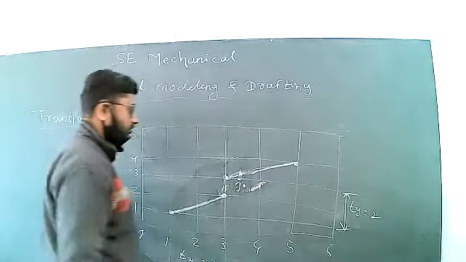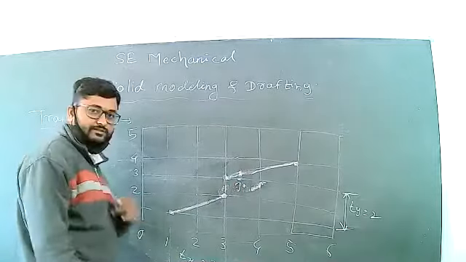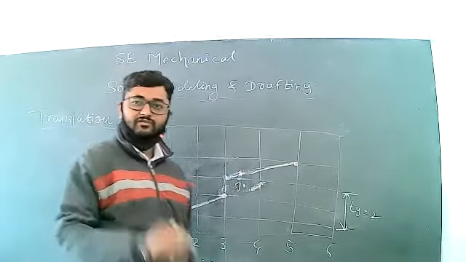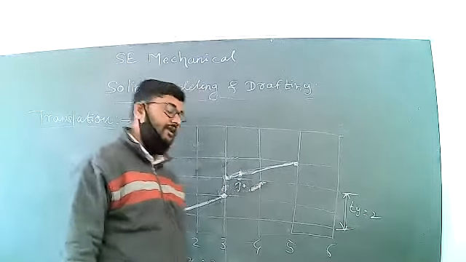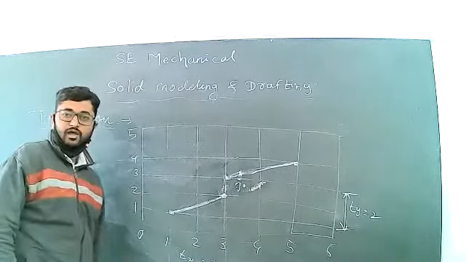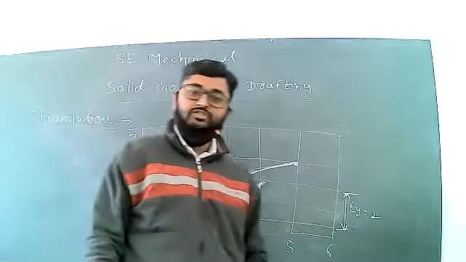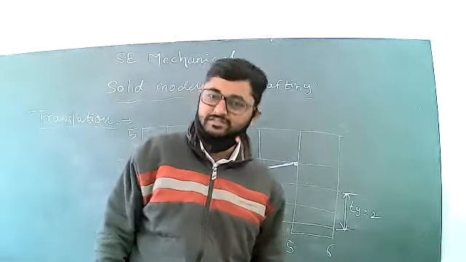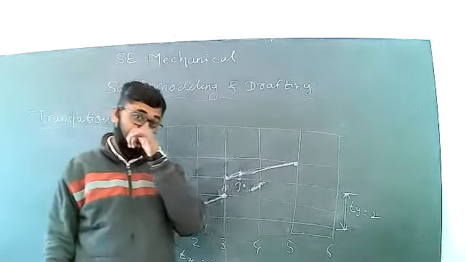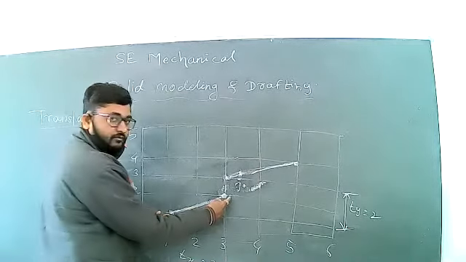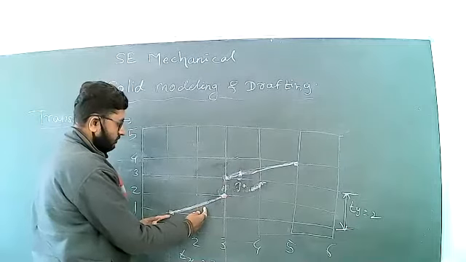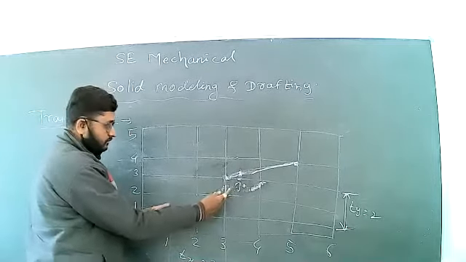Here the distance between the initial and final point is the same, that is the definition of translation. When the distance is the same, that is an example of translation. Here this line is exactly parallel.